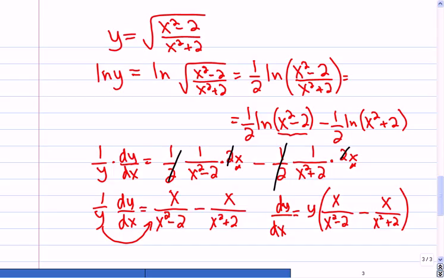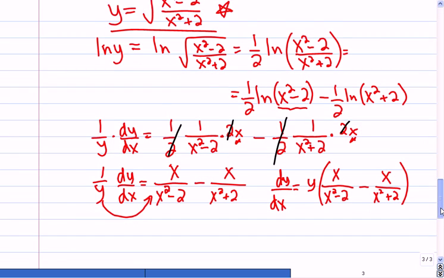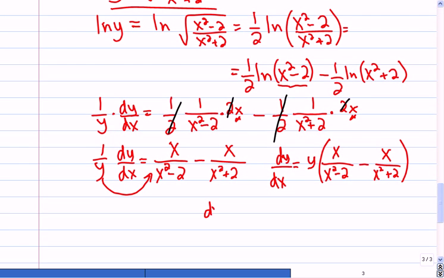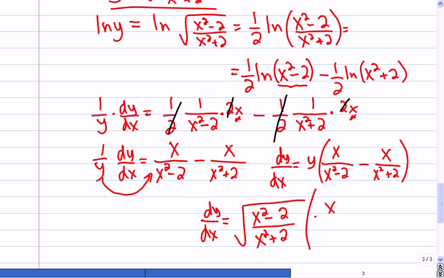Yeah, we had an explicit equation up here. That's an equation defined in terms of just x. So we should give an explicit answer down here. It says that y is equal to the square root of x squared minus 2 over x squared plus 2. So we can add that into the derivative here. We can say then that dy by dx is the square root of x squared minus 2 over x squared plus 2 and x over.